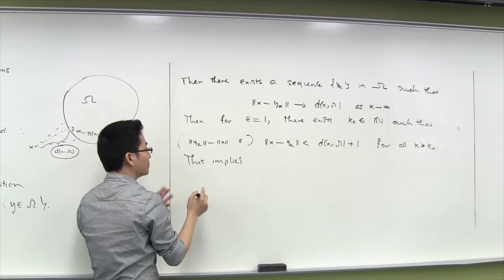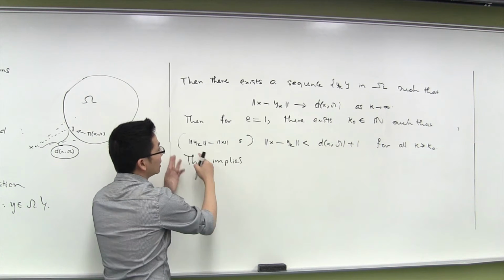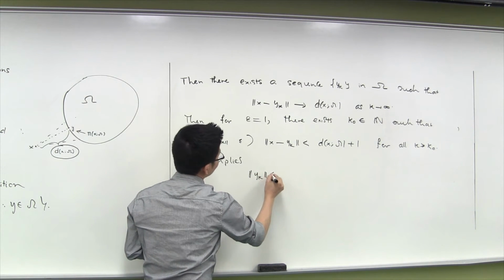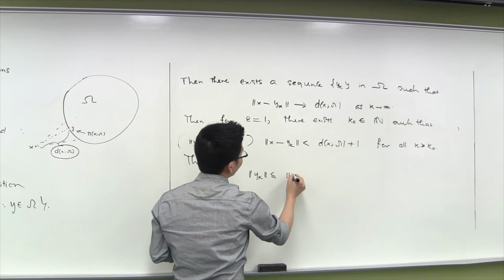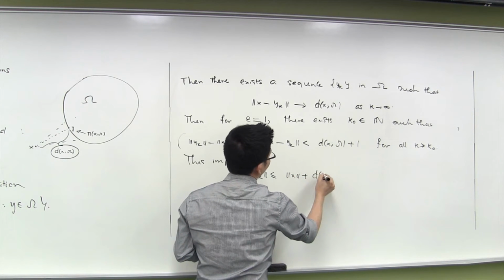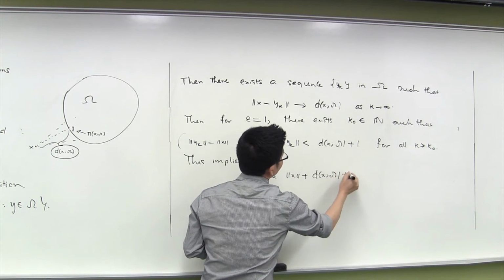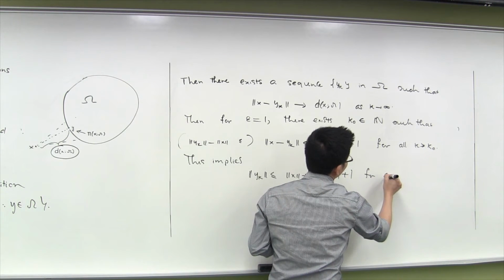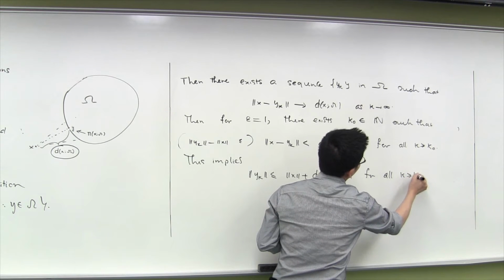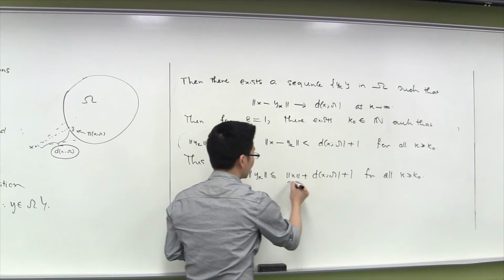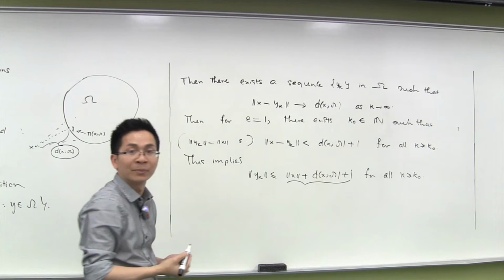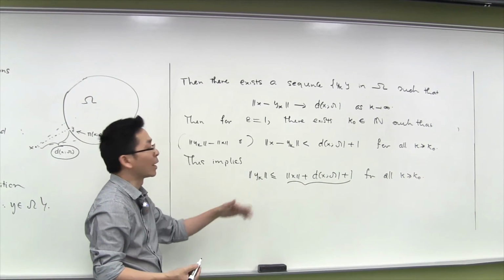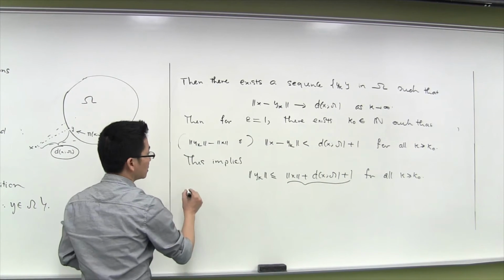So by the triangle inequality, the norm of y_k is always less than or equal to the norm of x plus the distance from x to omega plus 1, for all k greater than or equal to k_0. This is a fixed number. It doesn't depend on k, and so y_k is a bounded sequence.